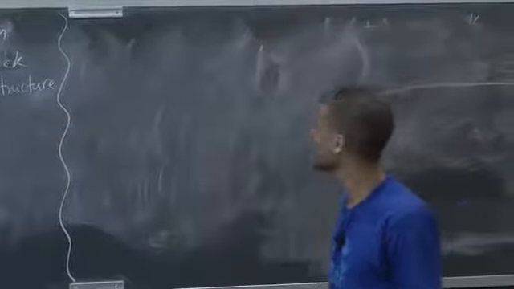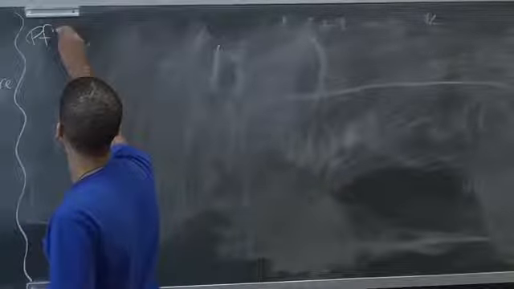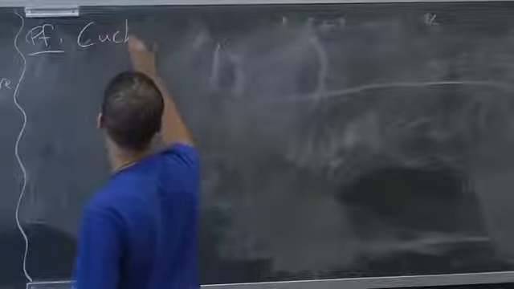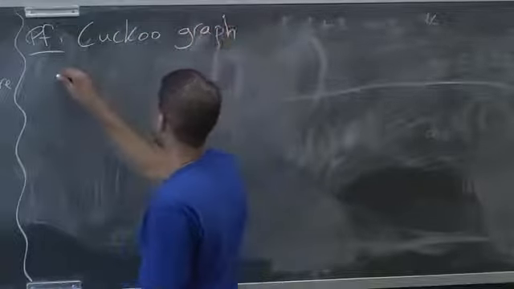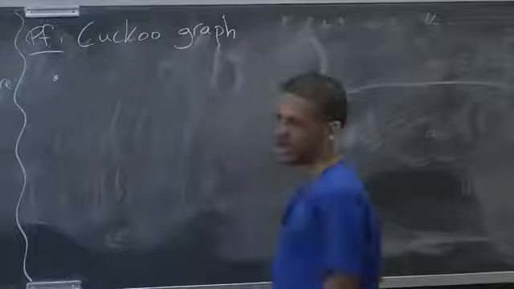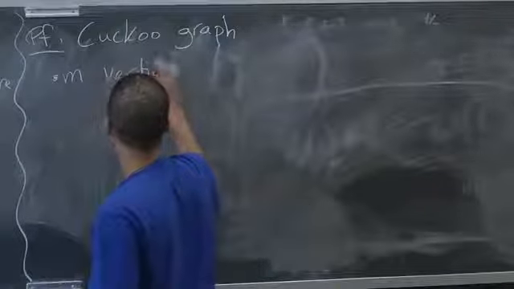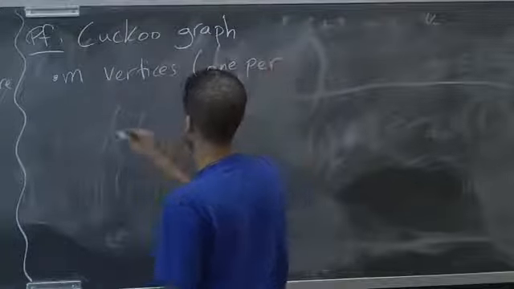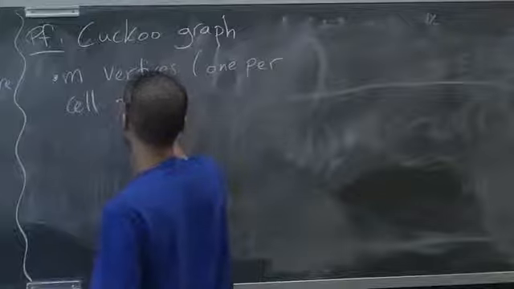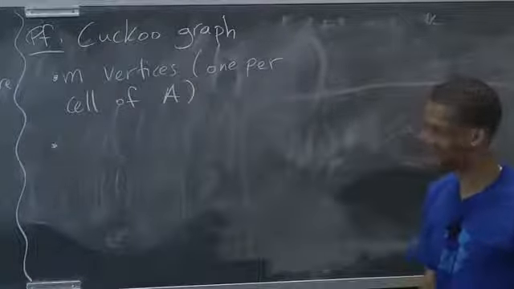It's something I defined last time. This graph has m vertices, one per cell of A. And it also has n edges.